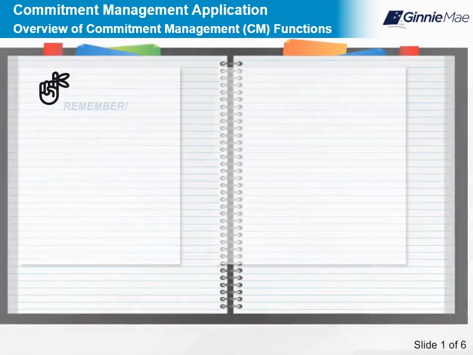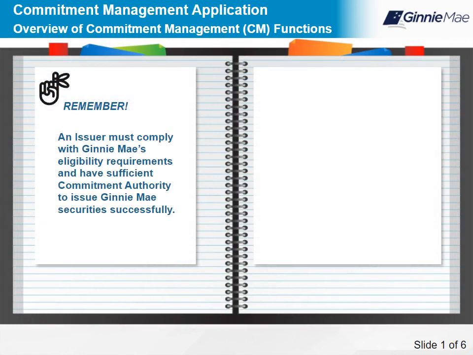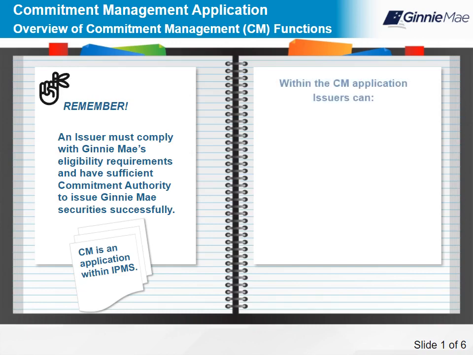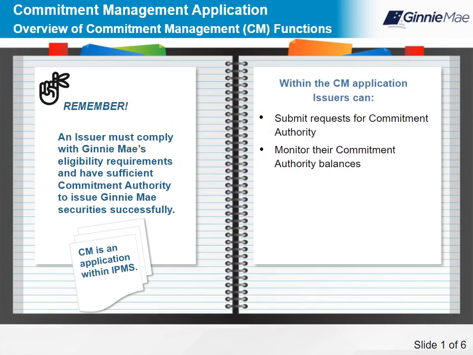An issuer must comply with Ginnie Mae's eligibility requirements and have sufficient commitment authority available to issue Ginnie Mae securities successfully. Commitment Management, CM, is the application within the Integrated Pool Management System, IPMS, where issuers can submit requests for commitment authority, monitor their commitment authority balances, and view the status of requests.